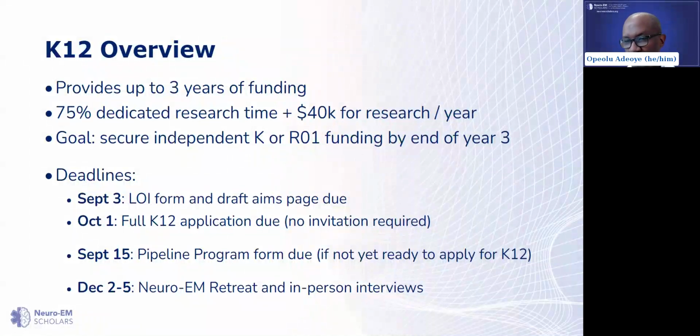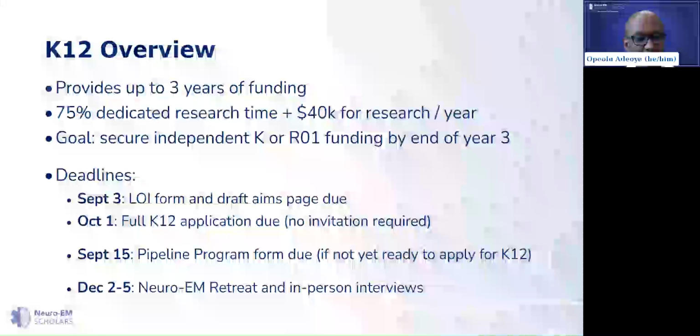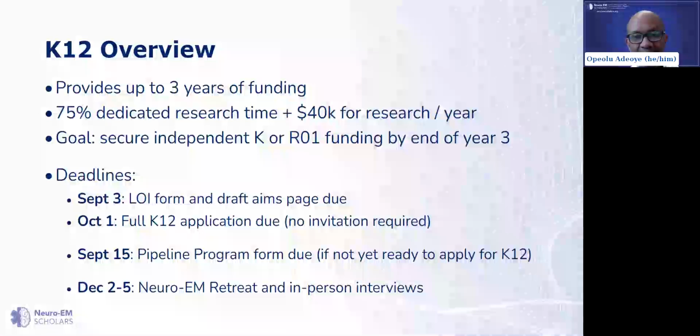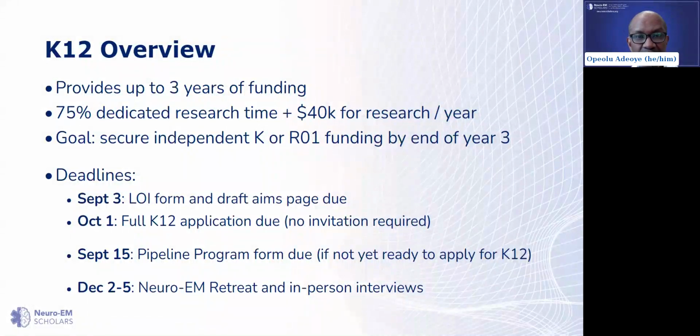The main purpose, and by far our primary measure of success, is making sure that people who go through the program secure either an NIH career development award or an independent R01 by the end of year 3 of being a part of the K12 program.